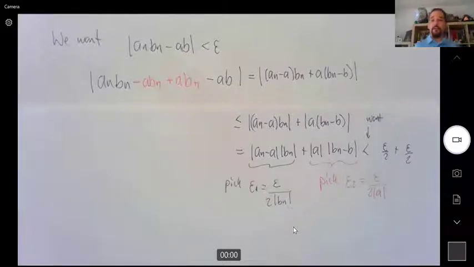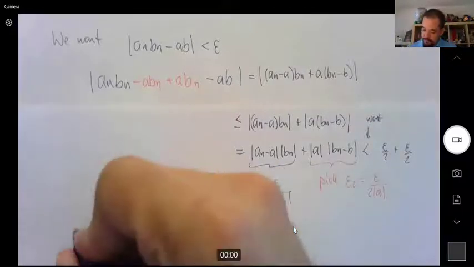That's exactly right. Now we're going back to the first thing we proved today, right? The first thing we proved today is if something is convergent, then it's bounded. So this guy is convergent, therefore it's bounded. So then perhaps we can use the bound instead of Bn here, right?